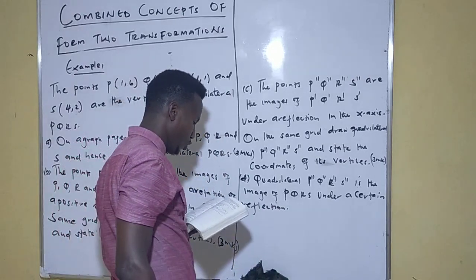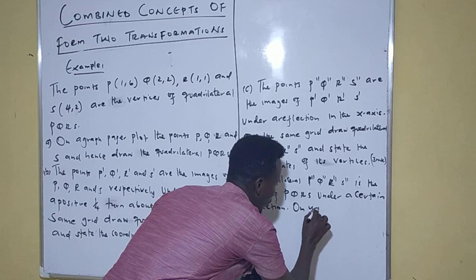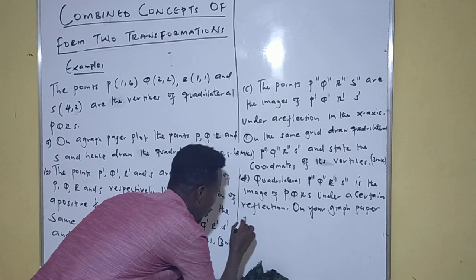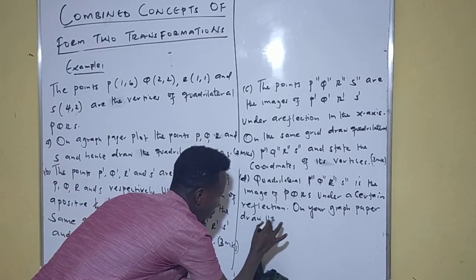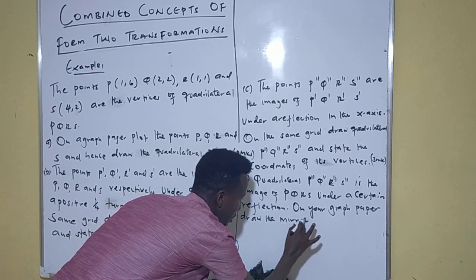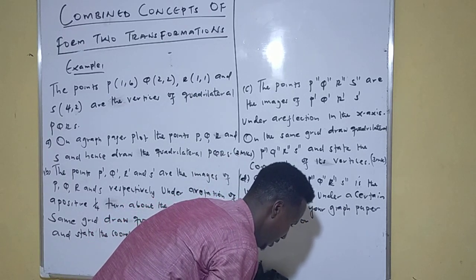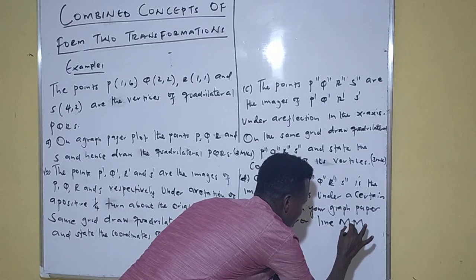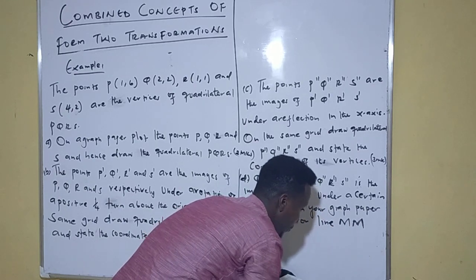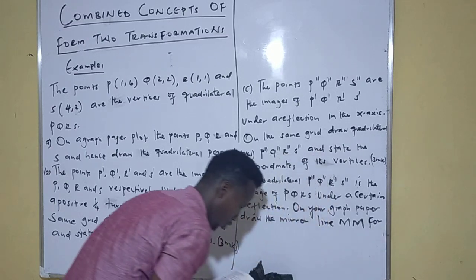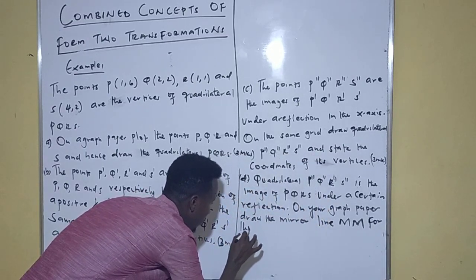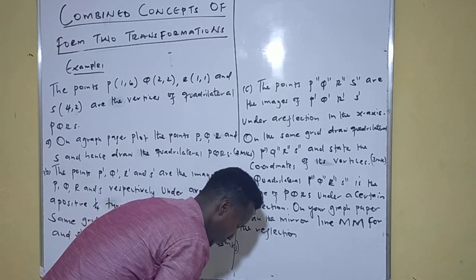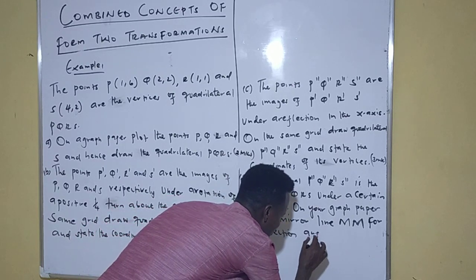On your graph paper, draw the mirror line, M, for the reflection, and state its equation.